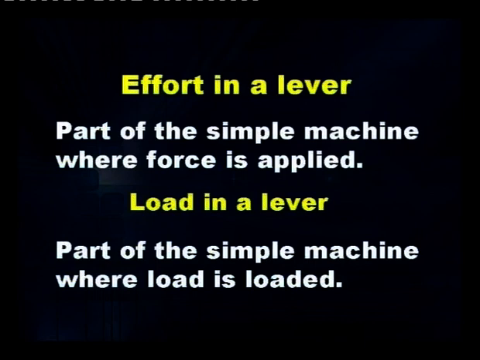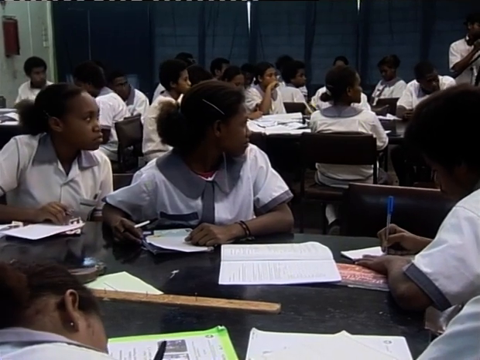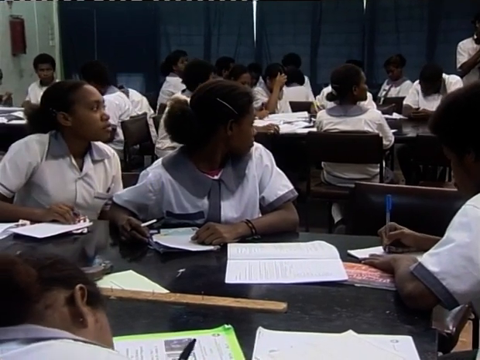Now, there are three different types of levers, so we say they are put into three classes or three groups. We have the first class lever, the second class lever, and the third class lever. A pair of scissors is one of the simple machines, a lever that is a first class lever.